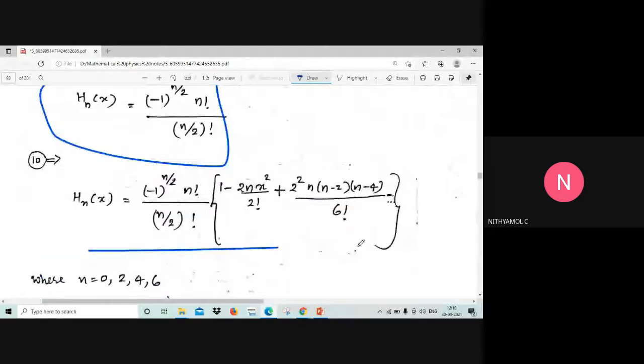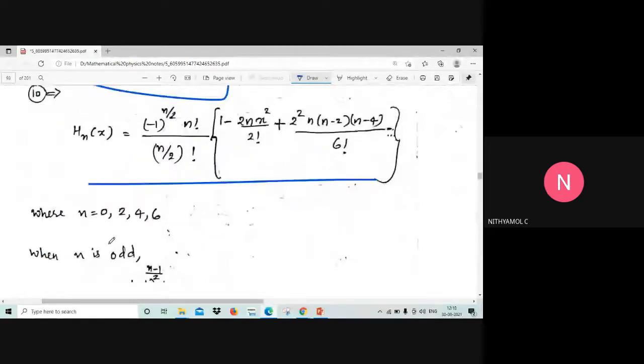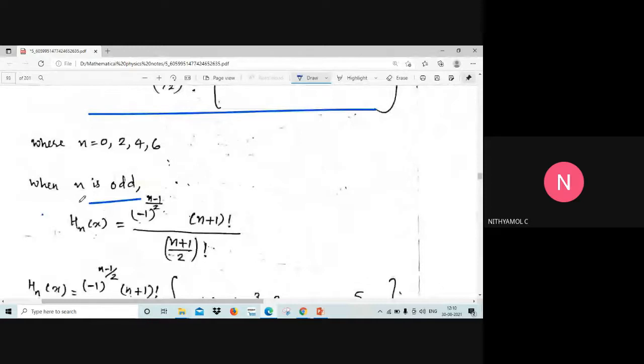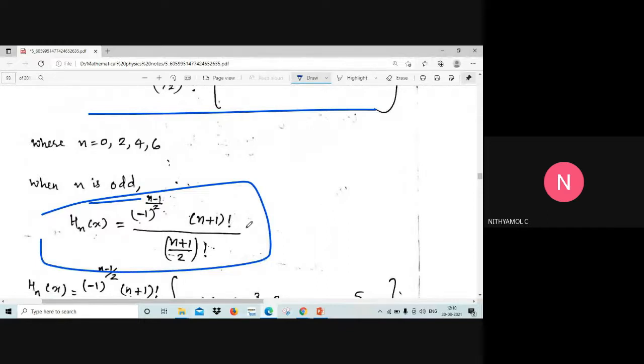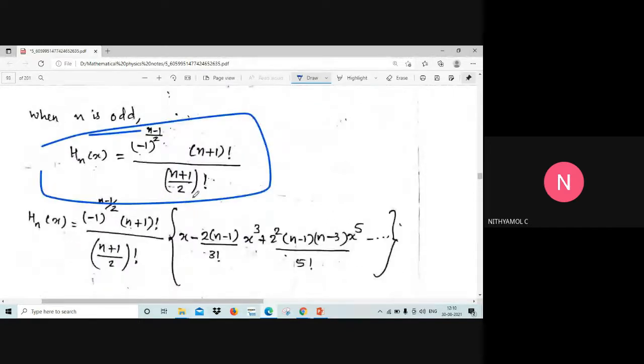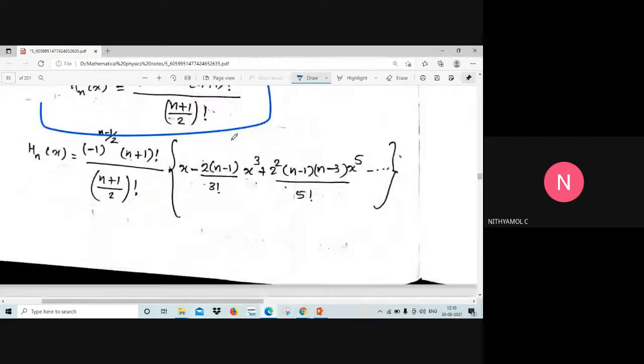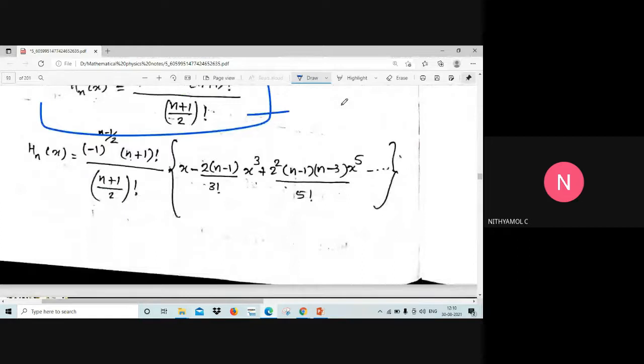Then when n is odd, the Hermite polynomial has this form: minus 1 raised to n minus 1 by 2 into n plus 1 factorial divided by n plus 1 by 2 factorial. We can substitute this in equation number 11, then we will get this equation.